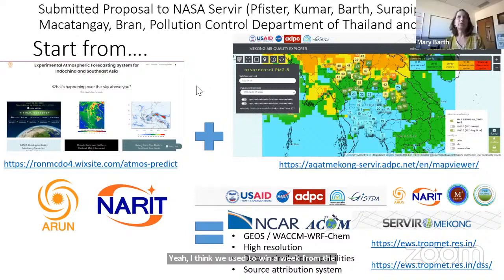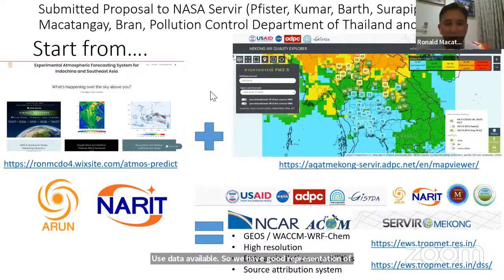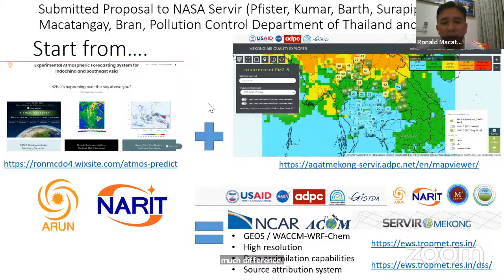Probably our WRF experts can say what year that's from, but it's a good point to have the most current, yearly versions of the land use data available, so we have good representation of the vegetation in urban regions. There's actually a local land use data set. I think we tried that and compared it with the MODIS one. I think we didn't see much difference, but maybe we have to try that out again. But that was the most updated.